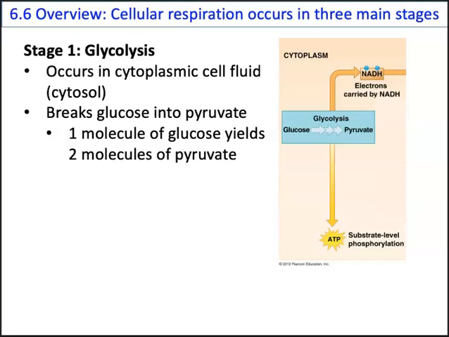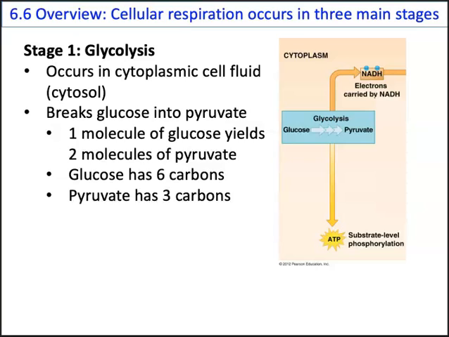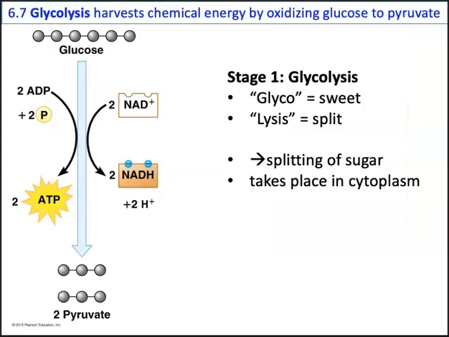And in glycolysis, we're breaking glucose down into the 3-carbon molecule pyruvate. 1 molecule of glucose ends up yielding 2 molecules of pyruvate. Glucose originally has 6 carbons, and pyruvate has 3 carbons. So we're just breaking those carbons apart into 2 3-carbon molecules.